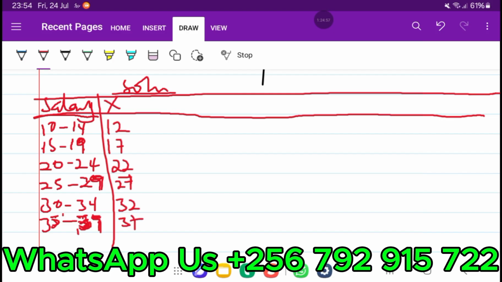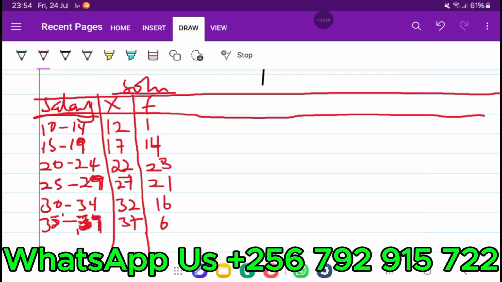That's done. Then we get f. This f was given to us as 1, 14, 23, 21, 16, and 6. This one we don't compute. They gave it to us.